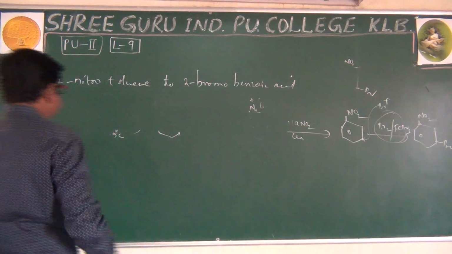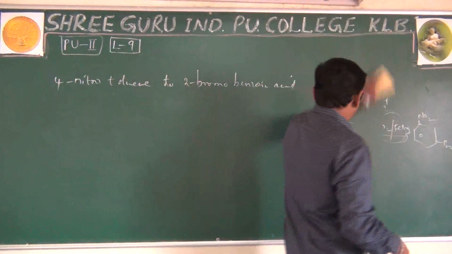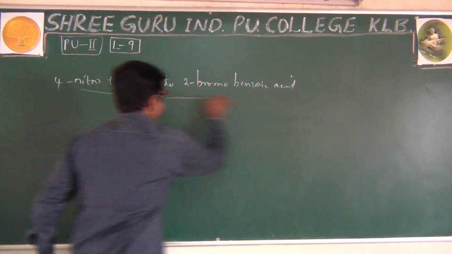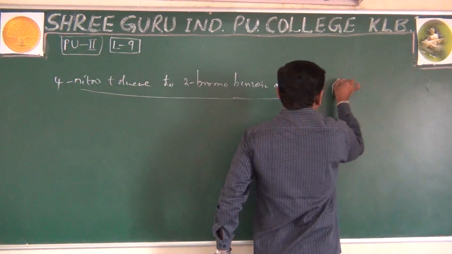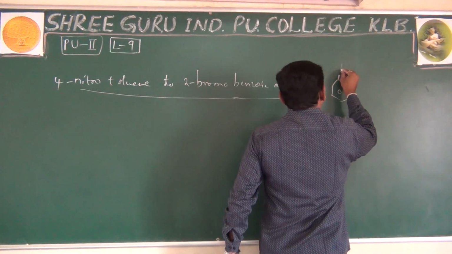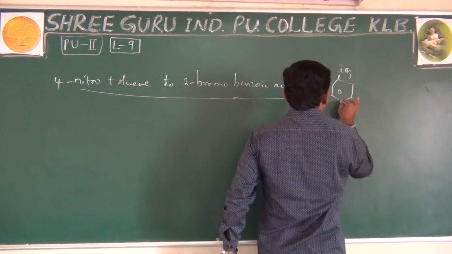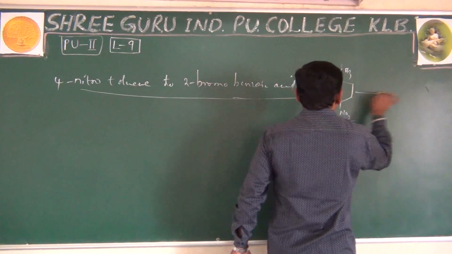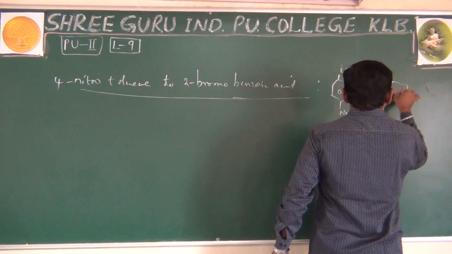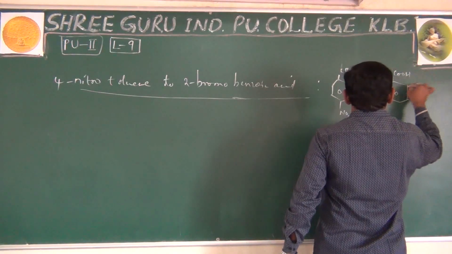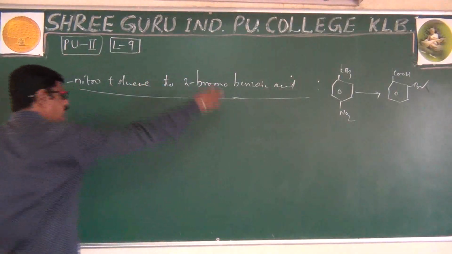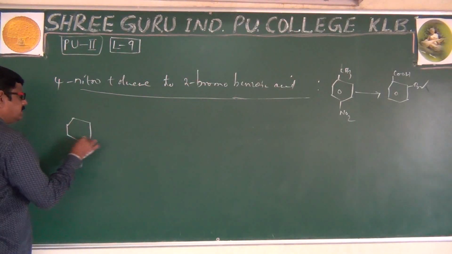Let's see what happens. 4-nitrotoluene is converted to 2-bromo benzoic acid. Very simple. We will take the initial structure.